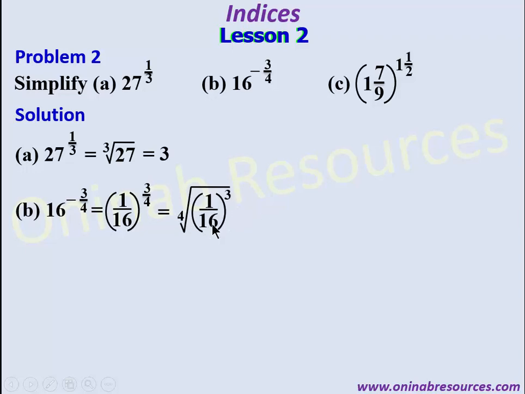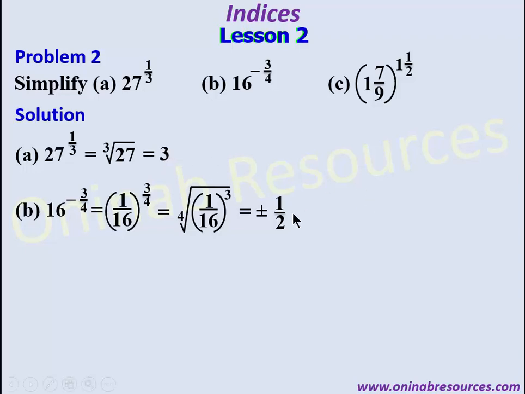So we will now go ahead. 1 over 16 has 4th root of 1 over 2. It is plus or minus. For even root, we have plus or minus. It is only when we have odd root that it is just one value, either positive or negative.